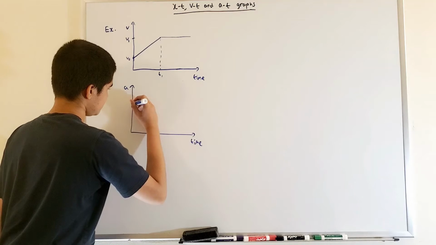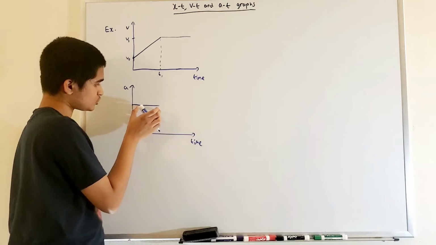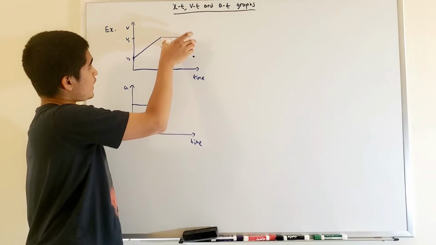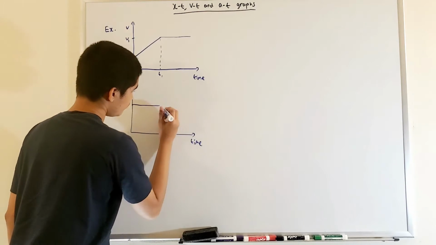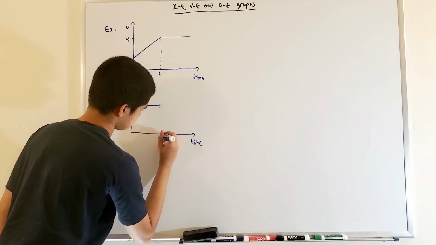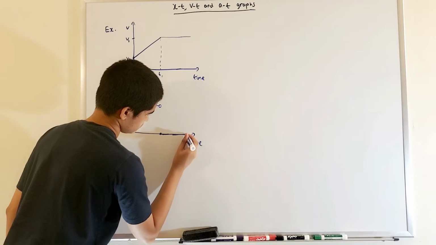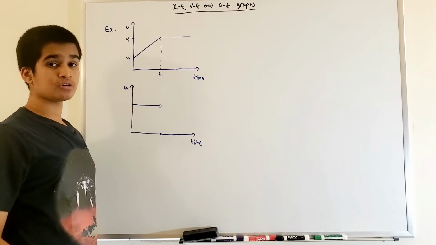So let us say that it is here. It will be a straight line, a horizontal line, because it's a constant. And then the acceleration jumps instantly to 0, which we can denote like this. So this is how the acceleration time graph will look like.